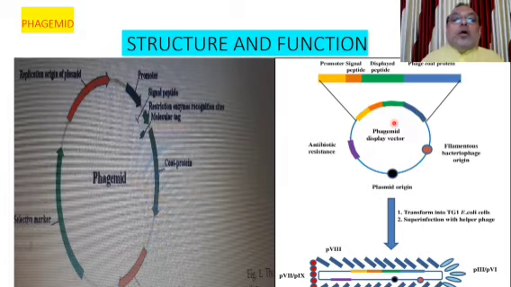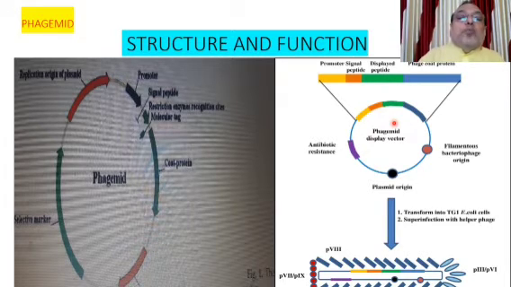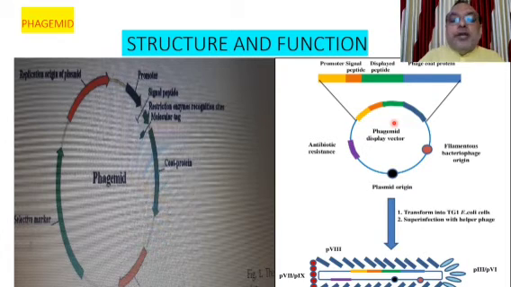So a longer stretch of DNA will be integrated in the plasmid, but the assembly will take place only in the presence of a helper phage, which will not multiply itself, but which will code for the coat proteins, and the coat proteins coded by the helper phage will be incorporated as the coat protein of the plasmid, and that's how the new plasmid-containing organism will be given.